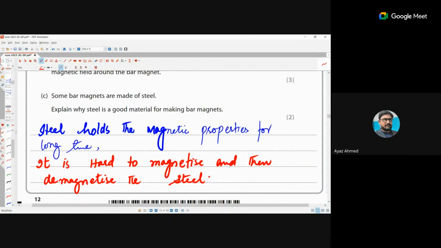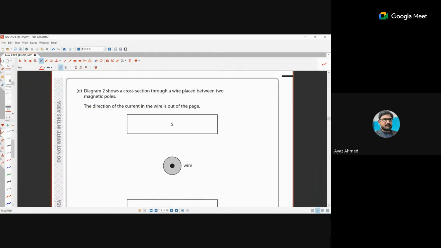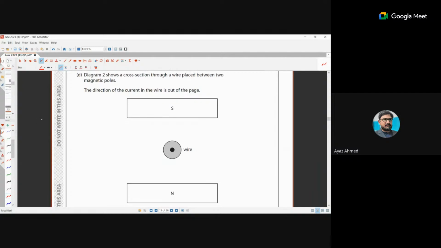Okay, moving onward. This is a question related to magnetic fields, in which we have a current carrying wire placed in between two magnetic poles.